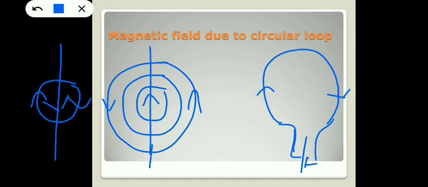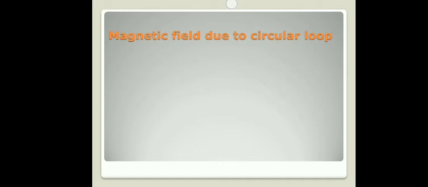And whenever current passes through this circular loop, it acts like a magnet and it generates a magnetic field around it. So let's try to visualize the magnetic field due to a circular loop through an activity. So just have a look at this activity.